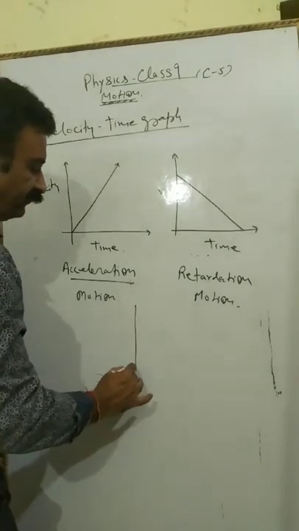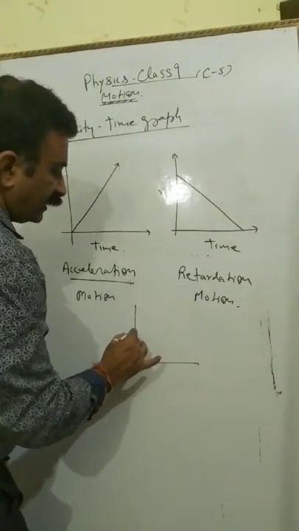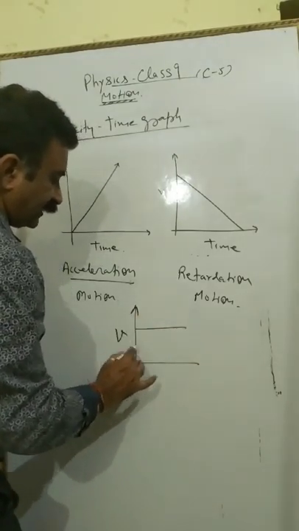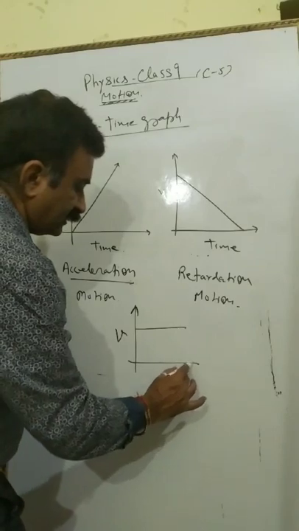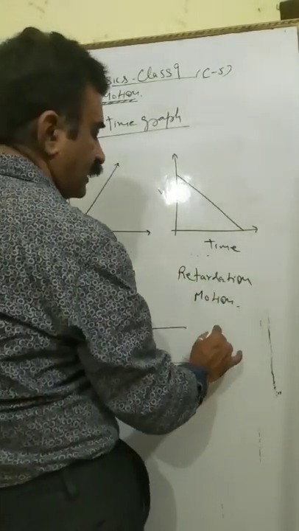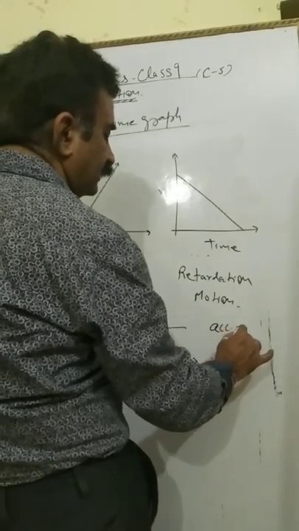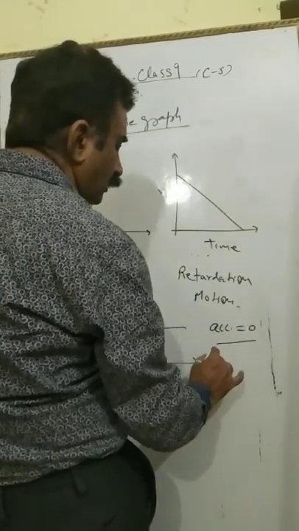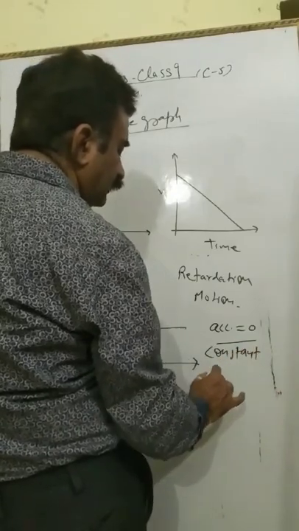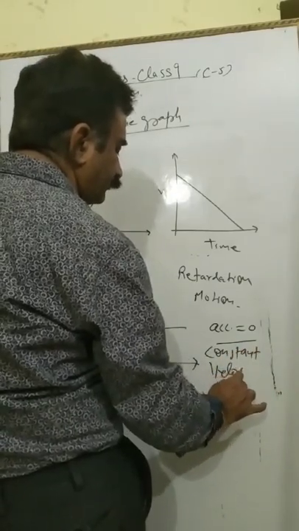Third one, if the graph is parallel to the time axis, this is the velocity axis, this is the time axis, it means acceleration is zero, or the object is running with constant velocity.